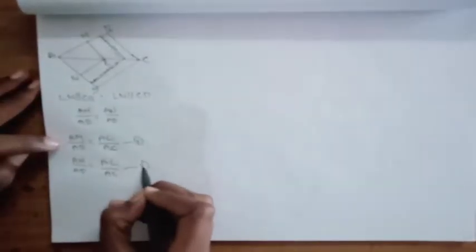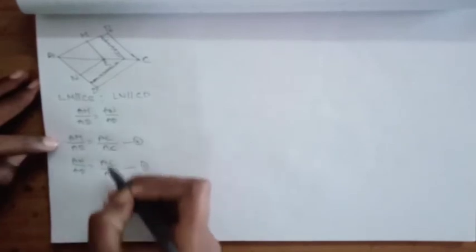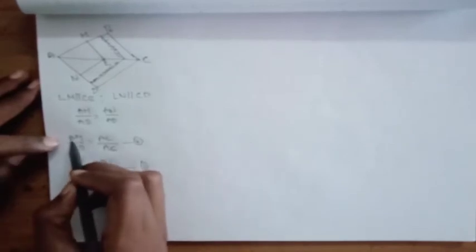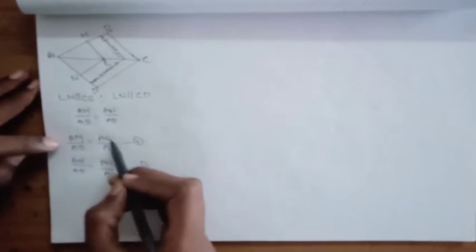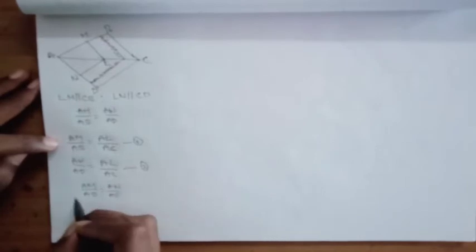So this is the second equation. If we equate these equations, AM by AB equals AL by AC, which is equal to AN by AD. So that means AM by AB equals AN by AD. So this thing is proved.